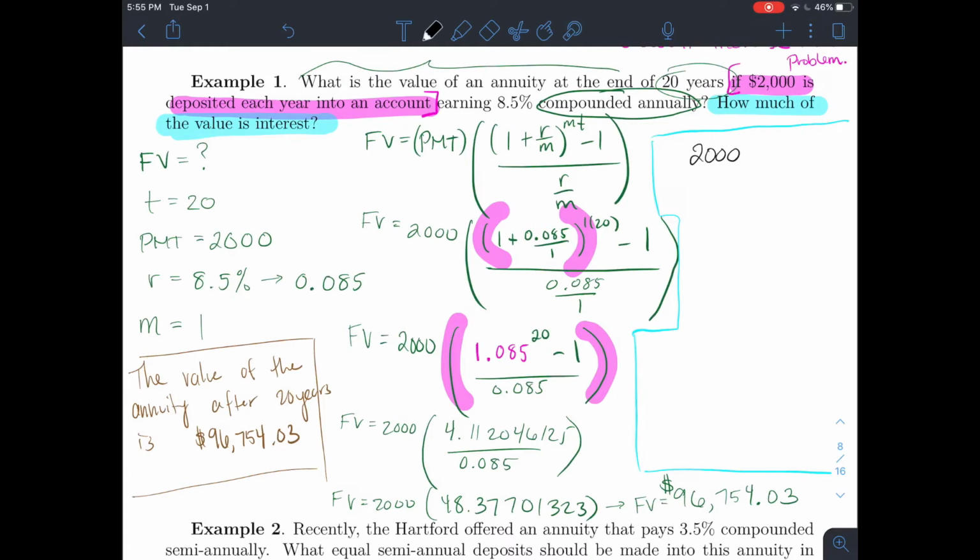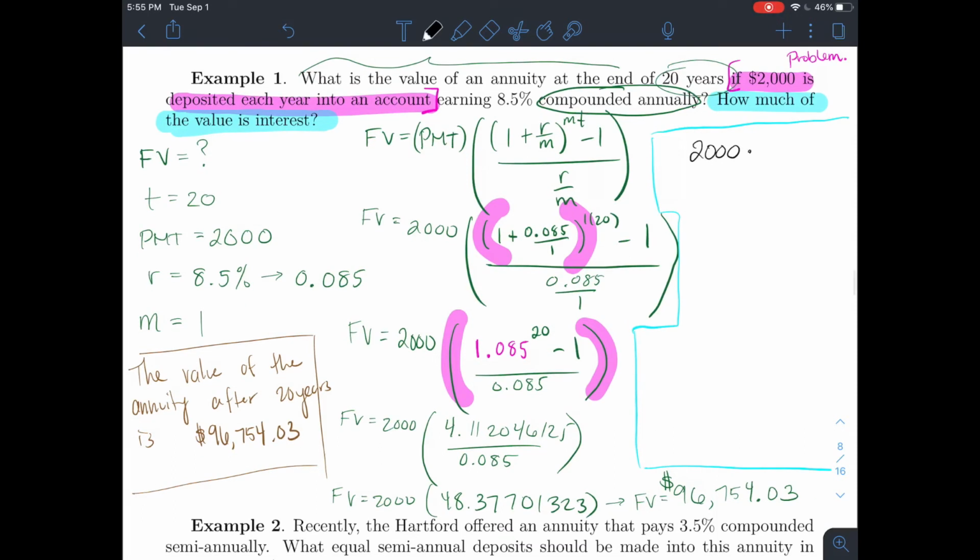Okay, so when the year 2020 is over, we're going to deposit $2,000. When the year 2021 is over, we're going to deposit another $2,000. And we're going to do this for 20 years. So your total amount after 20 years, well, that's going to amount to $40,000. And this is what you would find in your vaults underneath in this underground bunker that you don't want anybody to know where your money's at.